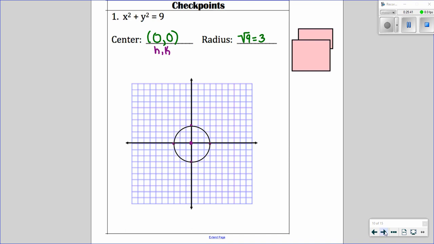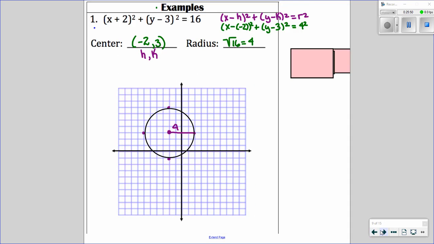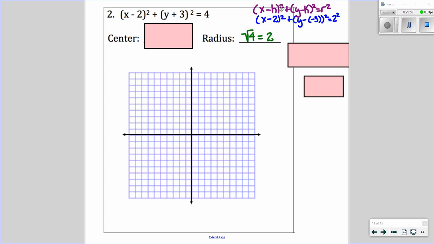Right. Next one. Our radius, you see 4, do the square root of 4. It gives you 2. I'm just going to put the equation here. And again, you notice that this is a positive, so that means it has to turn into a negative because we need to stick to the standard form. But with the little tip that I gave you, look at the sign in front of the number and do the opposite.